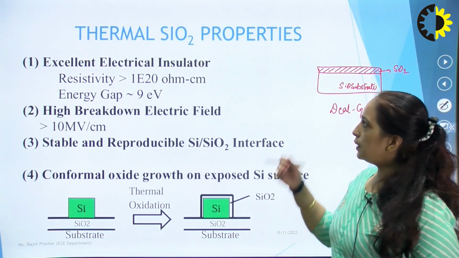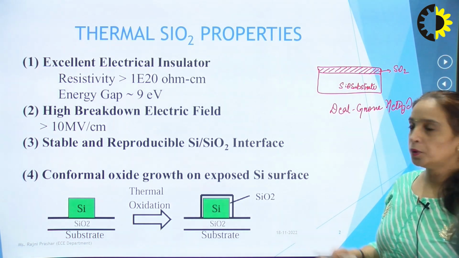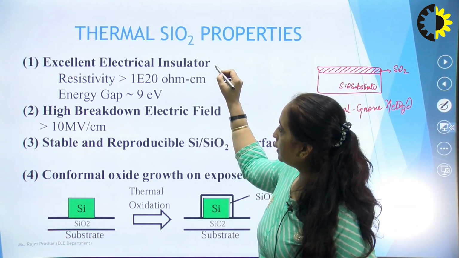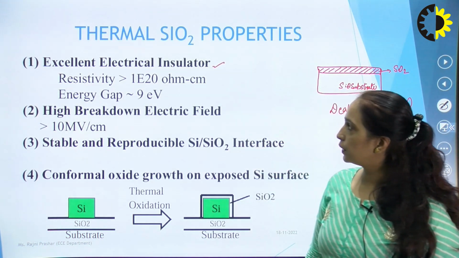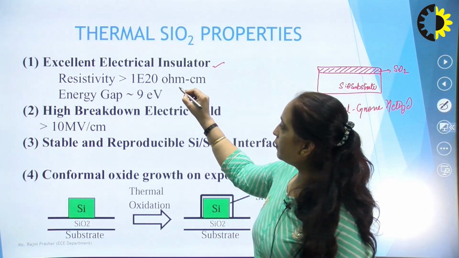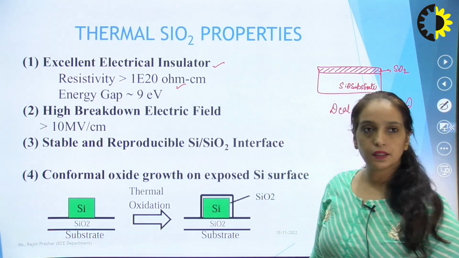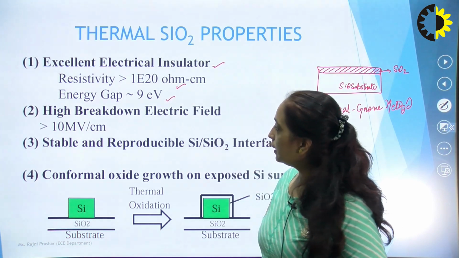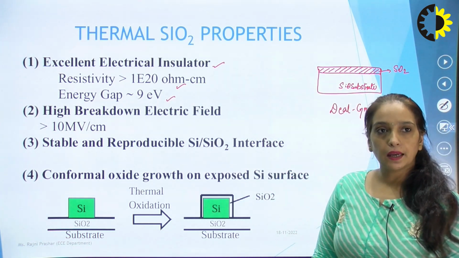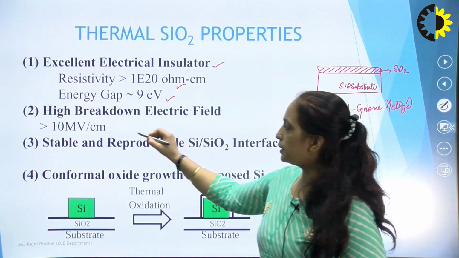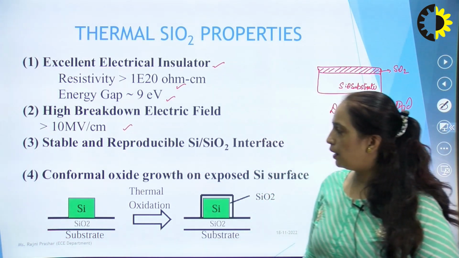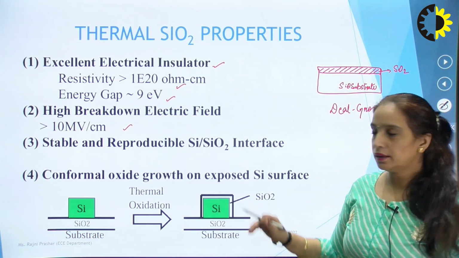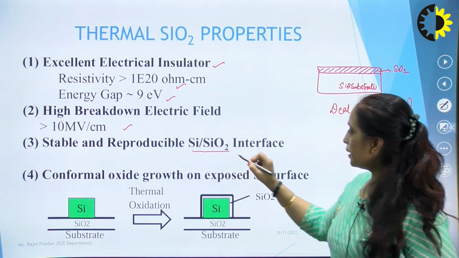When this SiO2 is formed over silicon, it behaves as a very good insulator. It has a resistivity of 10 raised to the power 20 ohm centimeter with an energy gap of 9 electron volt. It has a very high breakdown electric field of 10 megavolt per centimeter, and we can have a stable and reproducible SiO2 interface.